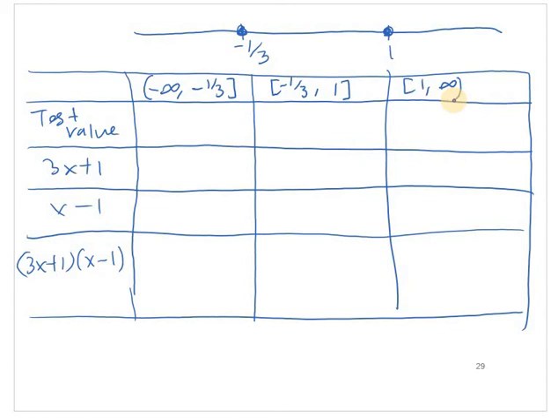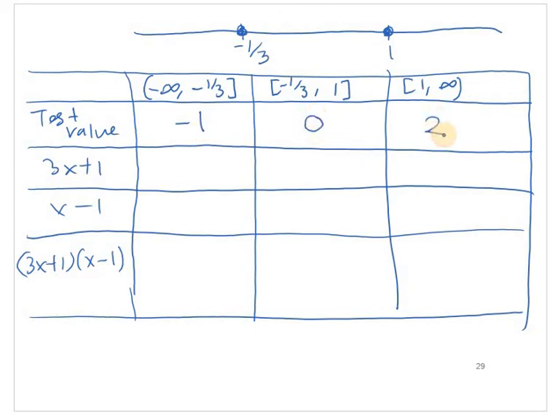What is a value in negative infinity to negative 1 over 3? Let's say negative 1. I suggest you take any number that is easy for you to calculate. Between negative 1 over 3 and 1, we take 0. For 1 to infinity, 2.